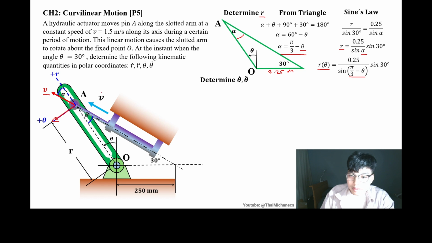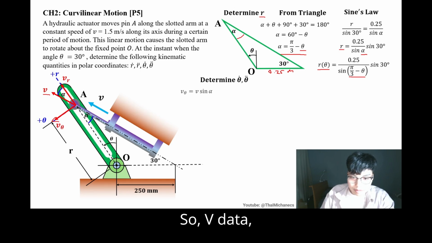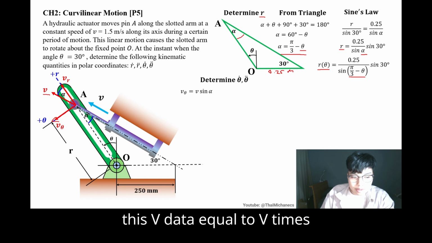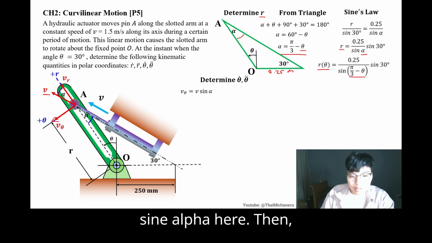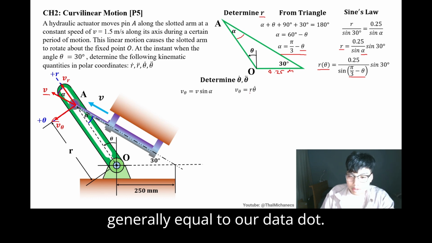Next we will try to resolve the velocity v into v_r and v_theta here. This v_theta equals v times cos alpha here. Then v_theta from the velocity vector will generally equal r theta dot.